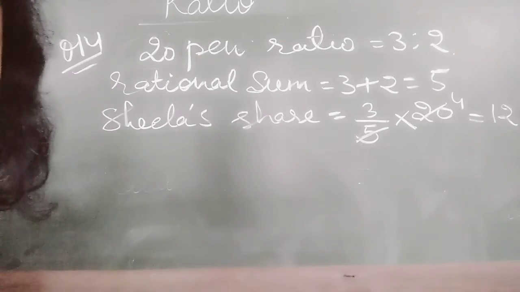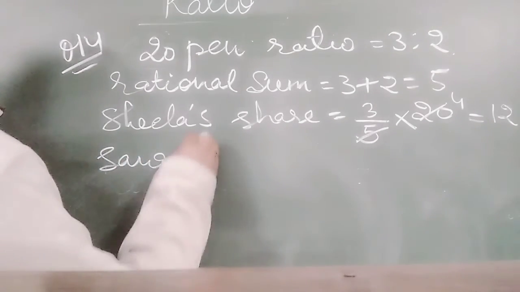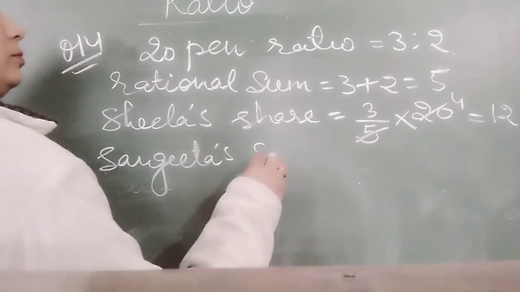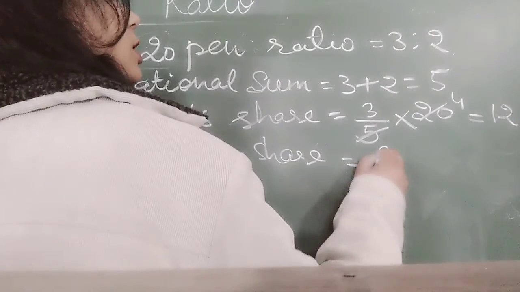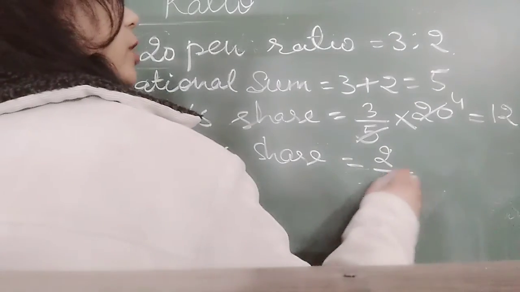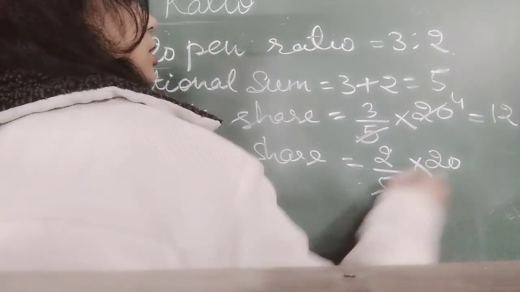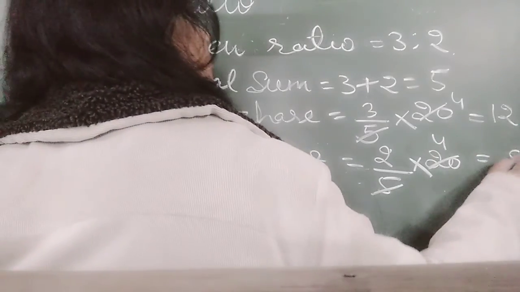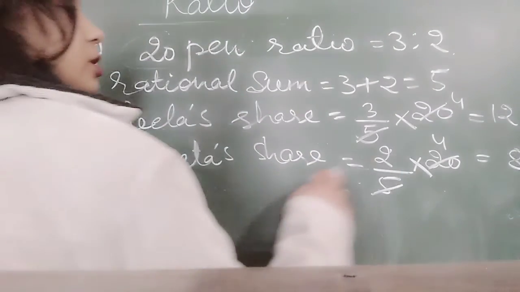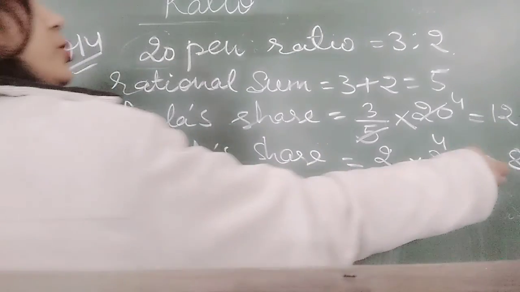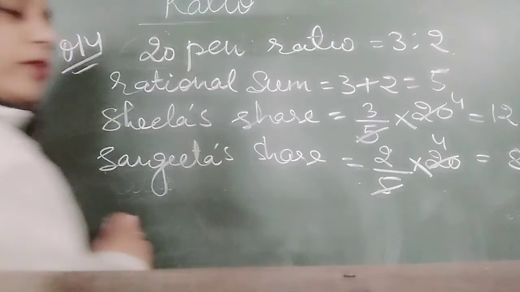Now we have to find out Sangeeta's share. The ratio of Sangeeta is 2, the ratio sum is 5, and the number of pence which we have to divide is 20. So Sheila's share is 12 and Sangeeta's share is 8. 8 plus 12 is 20. We have divided 20 into the given ratio.